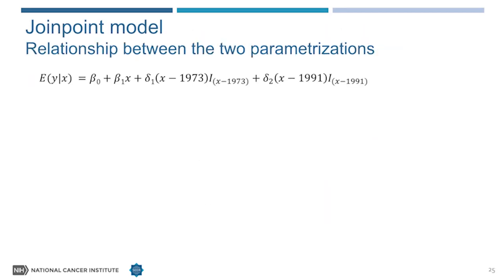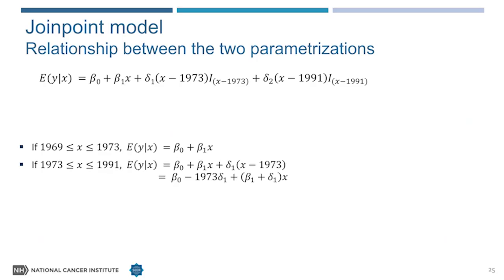When we write out the equation, we can see that for the years between 1969 and 1973, the model becomes beta 0 plus beta 1 x. For the years between 1973 and 1991, the indicator function I of x minus 1973 is 1, while the indicator function I of x minus 1991 is 0.